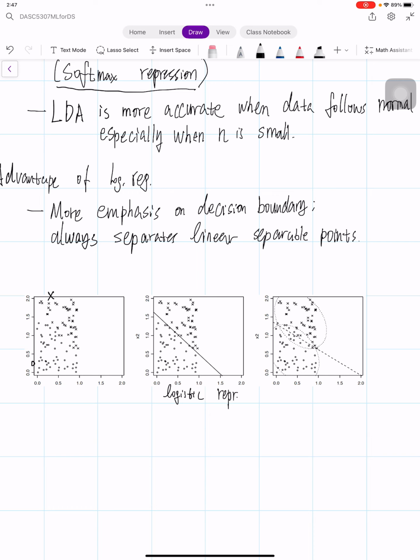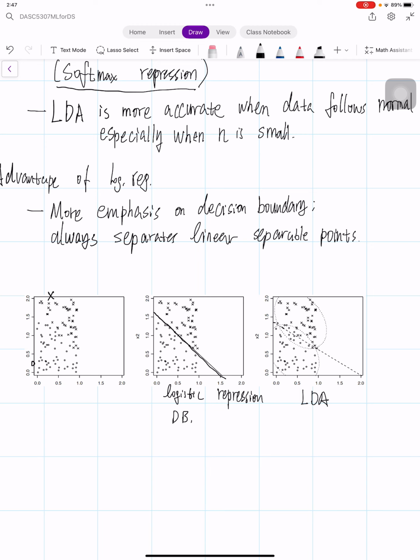On the right-hand side is the decision boundary given by linear discriminant analysis. As we can see, this case is linearly separable, although they are very close. You can see logistic regression works perfectly for this case.